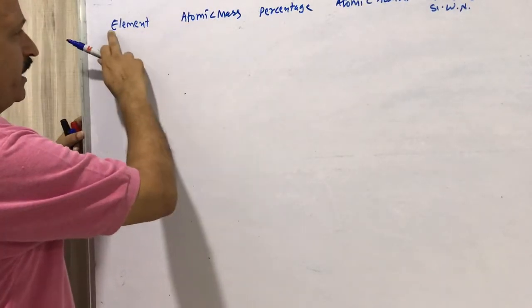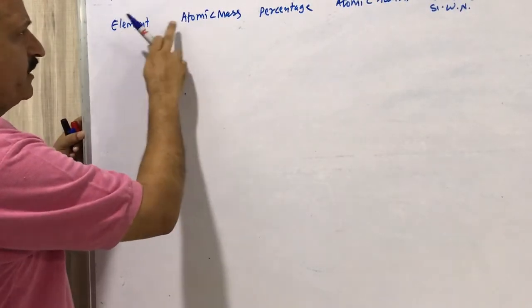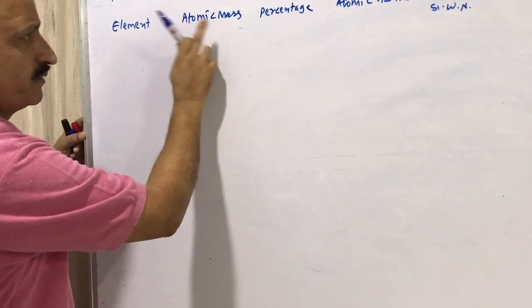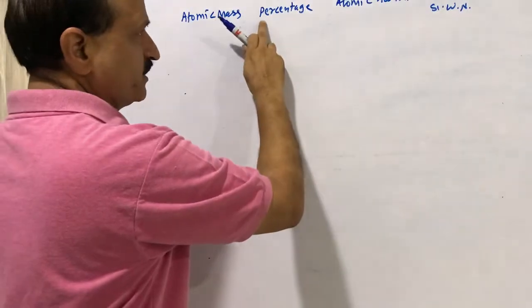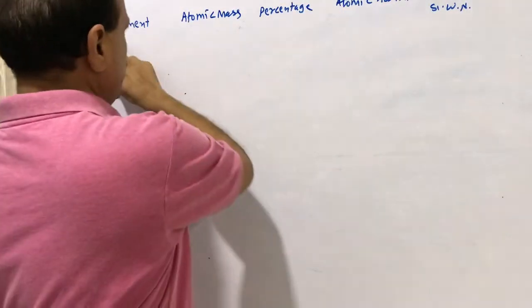EAM means element, atomic mass. Make pairs of three: EAM, PAR, RSW, SWN. PAR means percentage, atomic ratio.